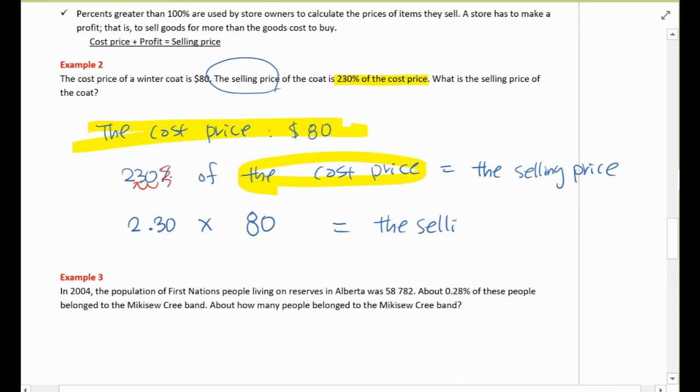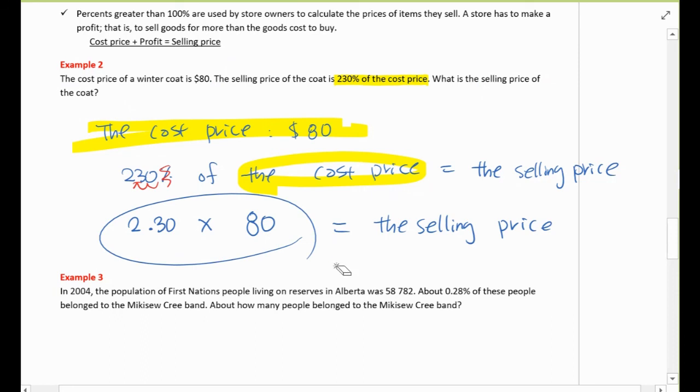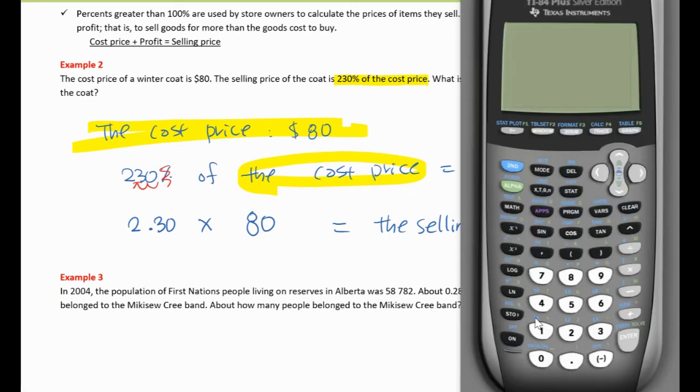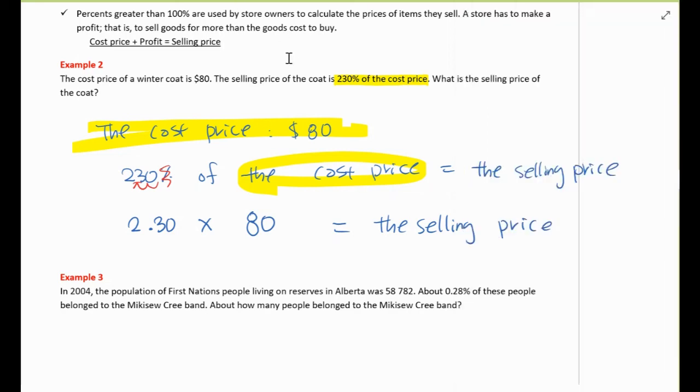The question is asking you to find the selling price of the coat. Simply put this into your calculator. Let's do it together. 2.30 times 80. That's $184. So the selling price is $184.